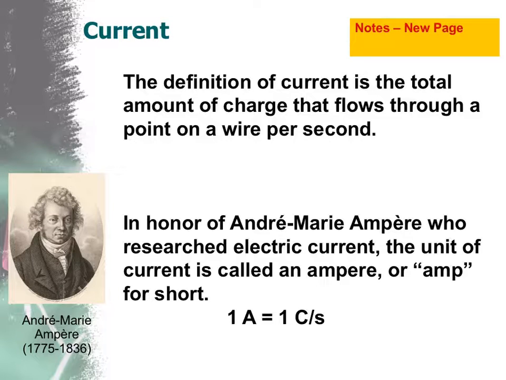So if we pick a point along that wire, let me draw a bigger arrow, since that's too small for you to see. Okay, so we pick a point on the wire. This is the wire. We know that electrons flow, and as they flow, they come across the point that we're looking at.